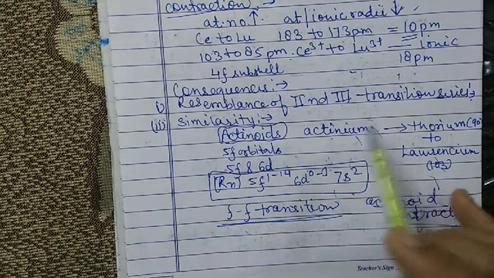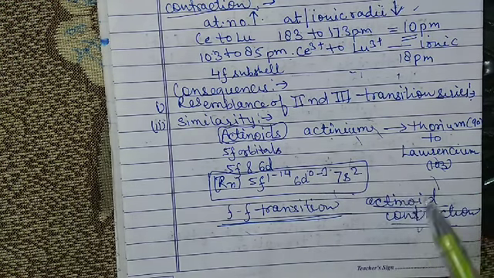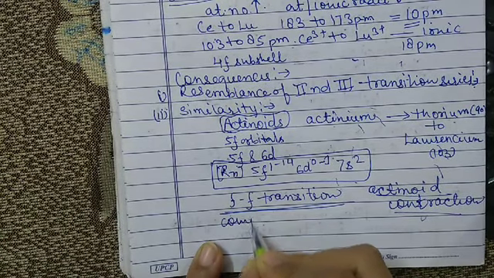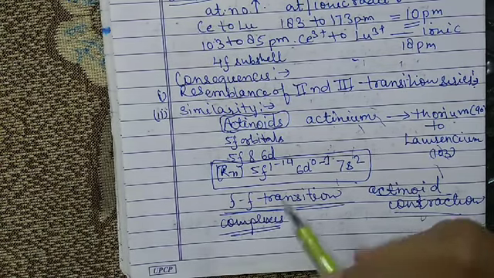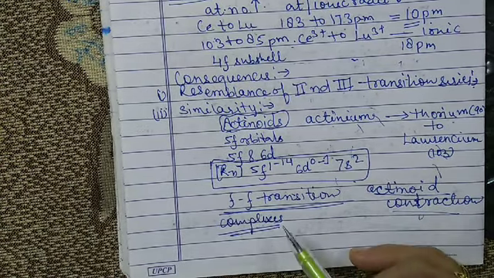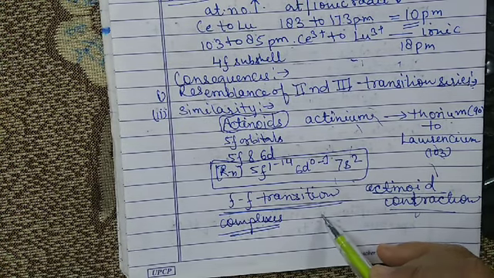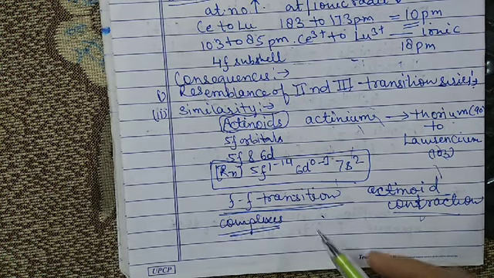Like lanthanoids, actinoids also form complexes. However, actinoids have a greater tendency to form complexes in comparison to the lanthanoids, and this is because of their higher charge and the smaller size of the ion.